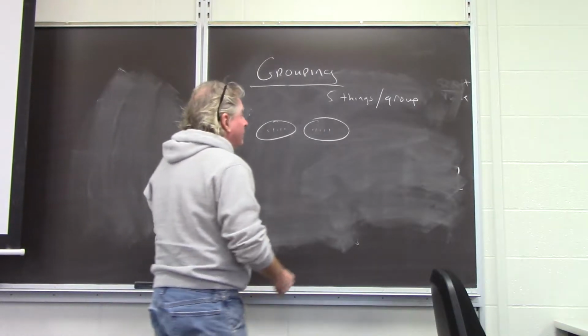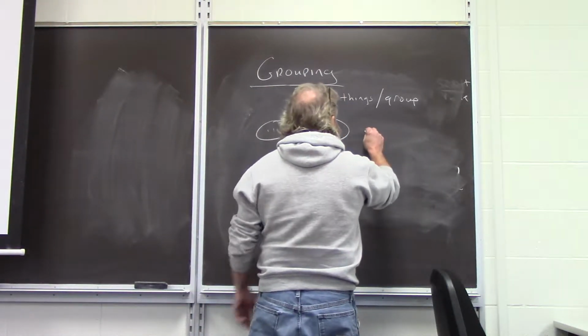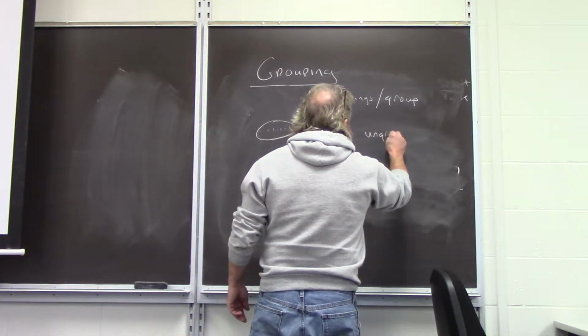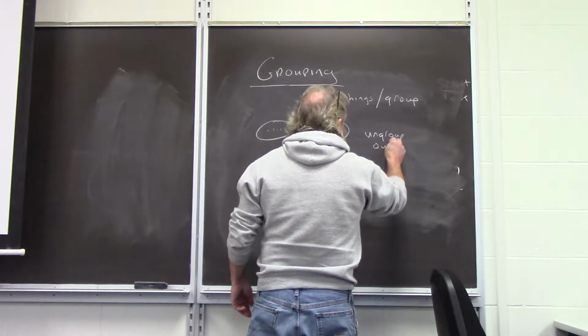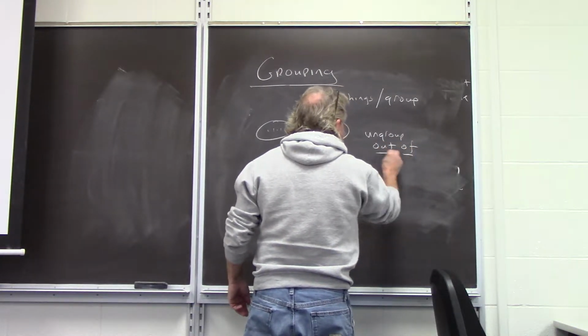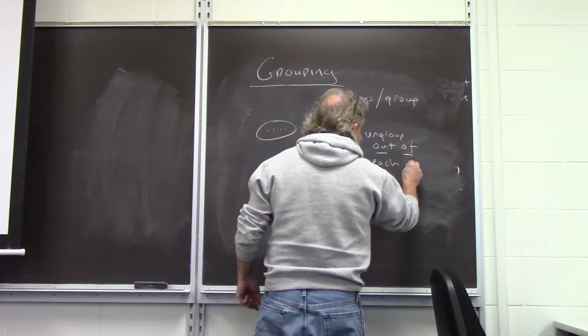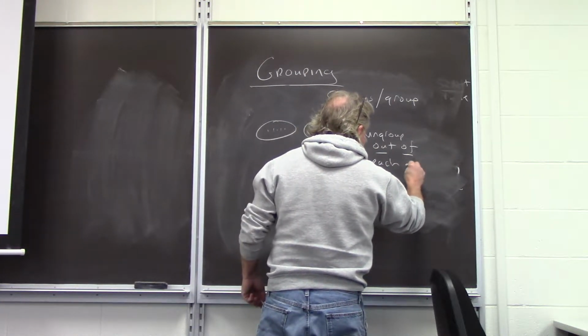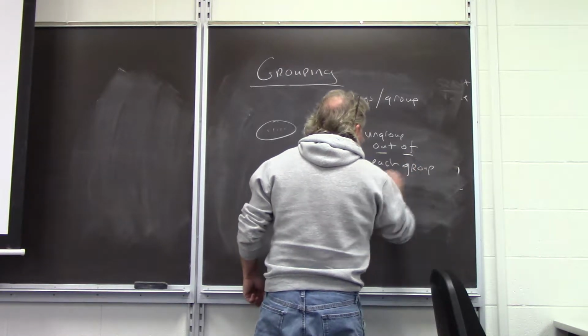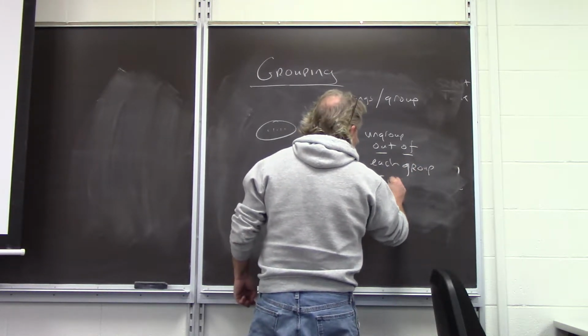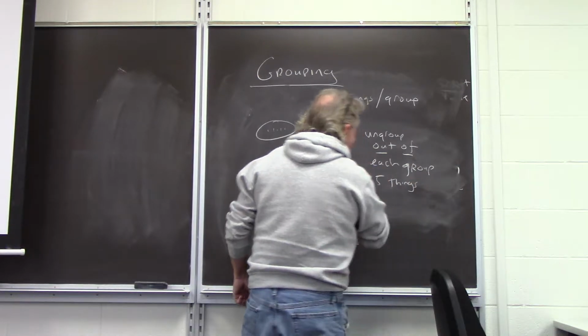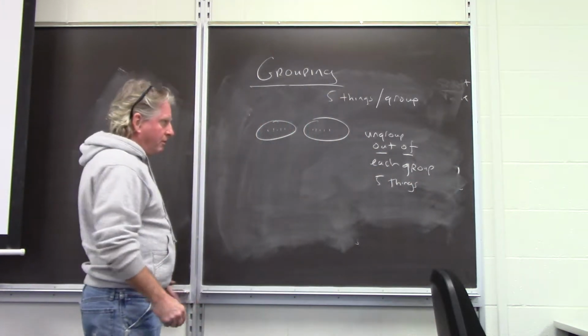So how do I say that? Well, I'll just use that word. Ungroup out of each group, 5 things per group.